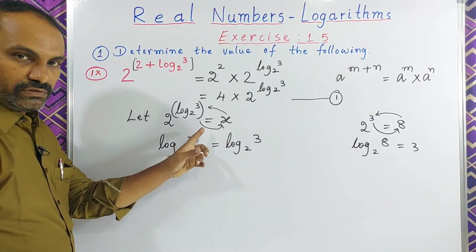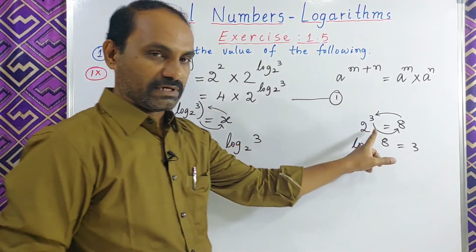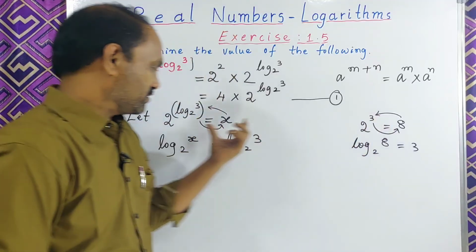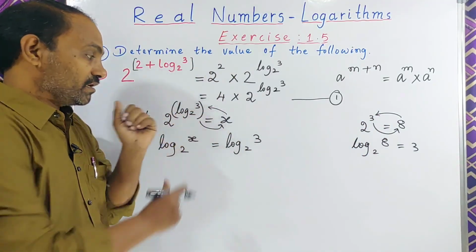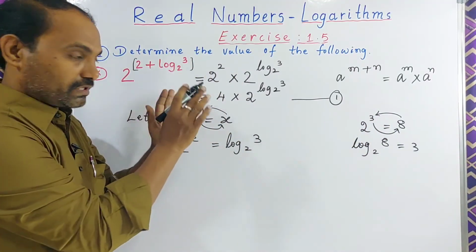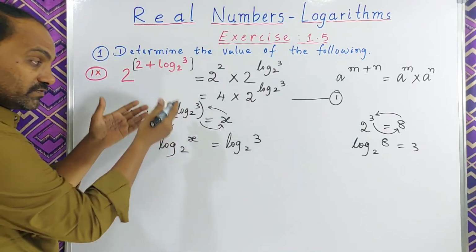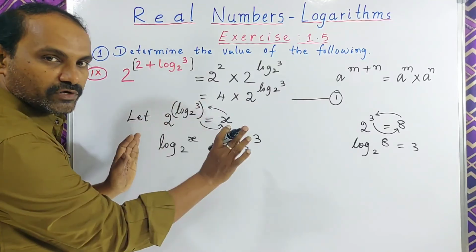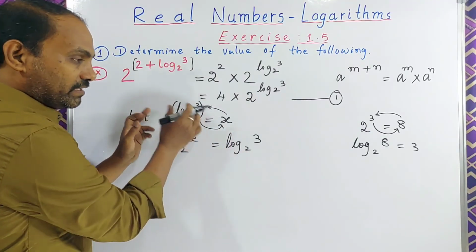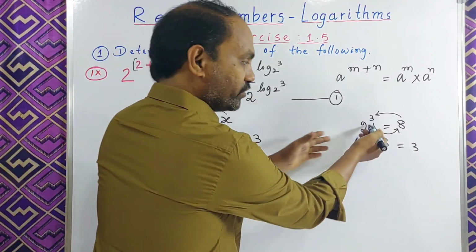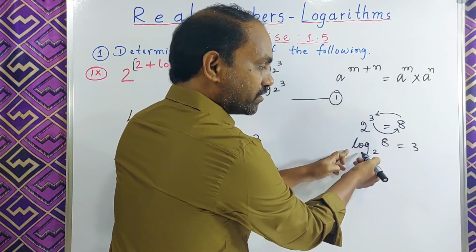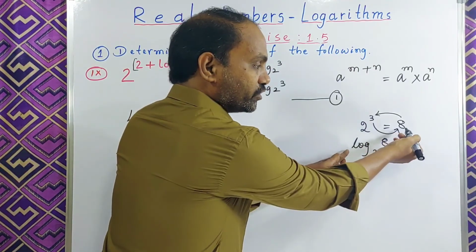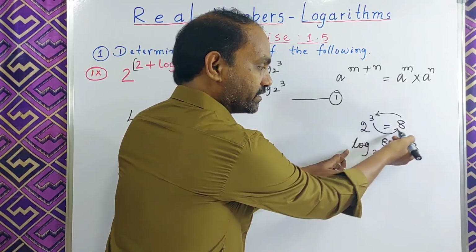Is it understood? This is the same as this. Here in 3's place this complete bracket is there. Remember that whatever it is, don't consider this as a logarithmic value; this is now an exponent only. When the exponential form is given and you apply log on this side, you should write 8 here and 3 on that side.